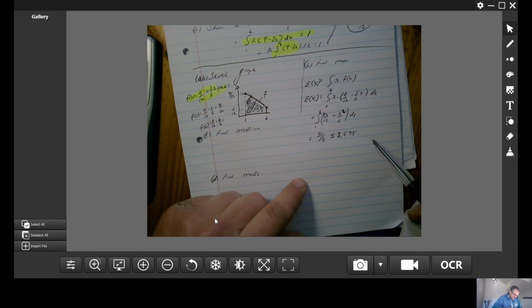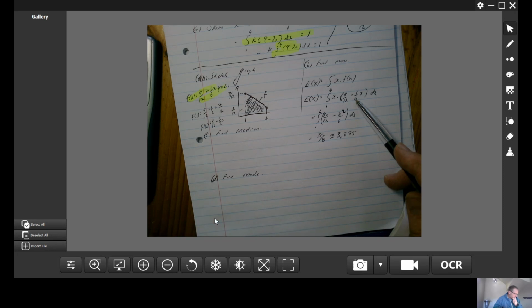So I said x times 9 over 12 minus x over 6, which is going to be 9x over 12 minus x squared over 6 between 1 and 4.